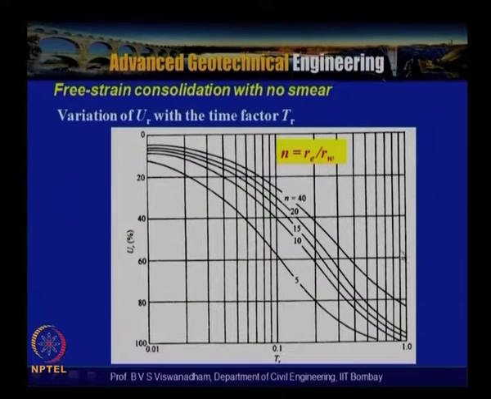So, this chart gives Ur versus Tr for different values of n, that is n equal to 5, 10, 15, 20, 40 like this.